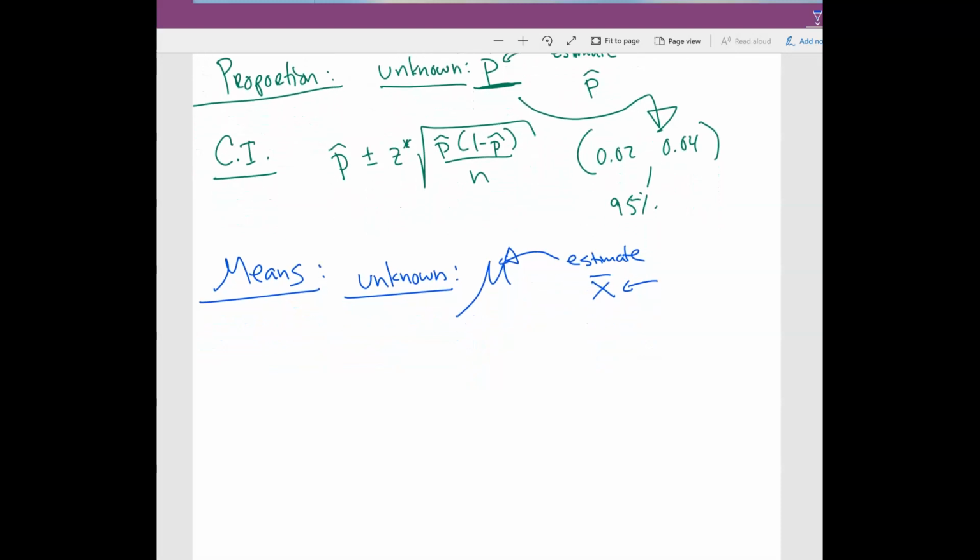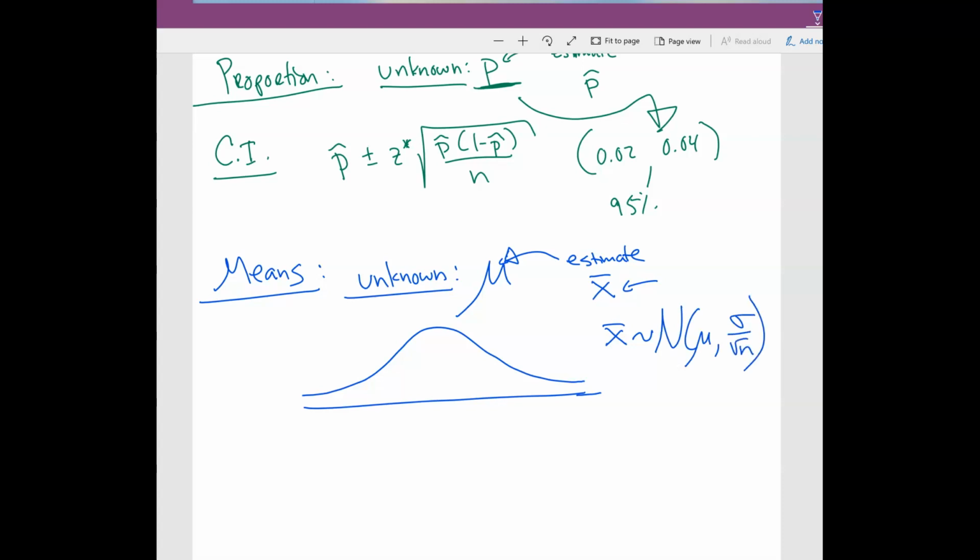Well, one thing we can assume, by the central limit theorem, is that as long as n is sufficiently large, x bar will follow a normal distribution with a mean of mu and a standard deviation of sigma over square root of n. So if this is the distribution, let's say mu is right here, the true value.